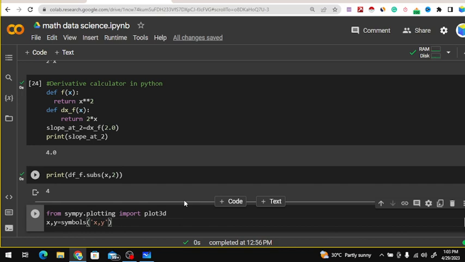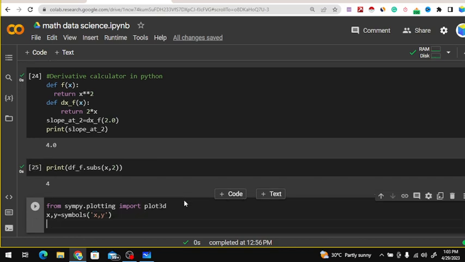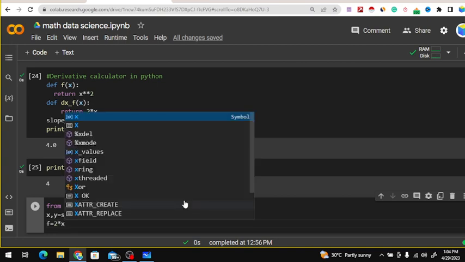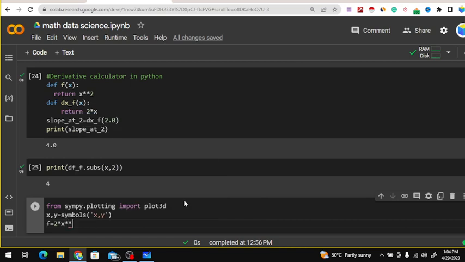Now just use Python syntax to declare the function. So f should be equal to 2x cube plus 3y cube.